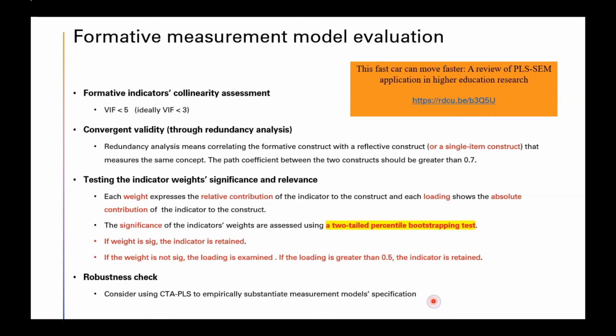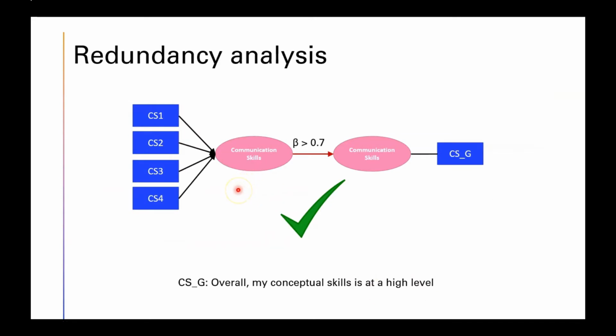Alright, now let me show you in more detail what a redundancy analysis is. As I just mentioned, what you need to do is to specify a model with 2 components. So you would see that I have 2 constructs in this model. Both are the same concept: both of them are conceptual skills. Here conceptual skills has been measured using 4 formative indicators, and here we have conceptual skills being measured using just a global item.